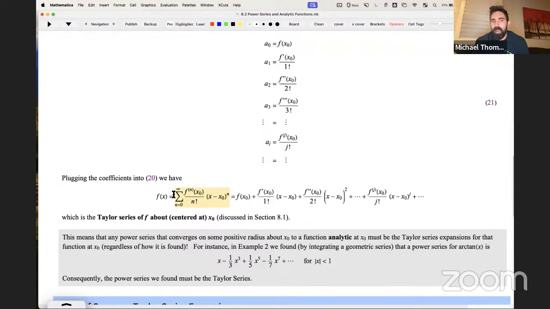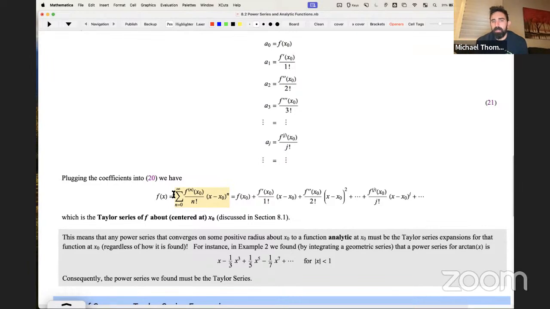Right? Now, what is that? Well, that's the Taylor series of f centered at x naught that we discussed in section 8.1. In other words, what this is saying is that if you have a function that's analytic at x naught, and you find the power series expansion for it at x naught, it's going to have to be the Taylor series, right? Because we proved it for the general case right here.